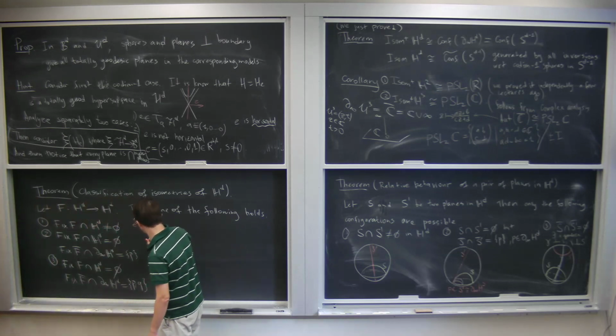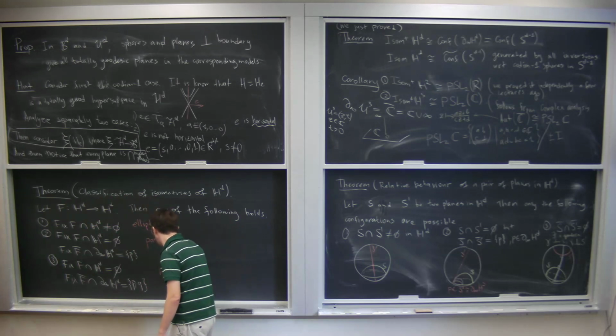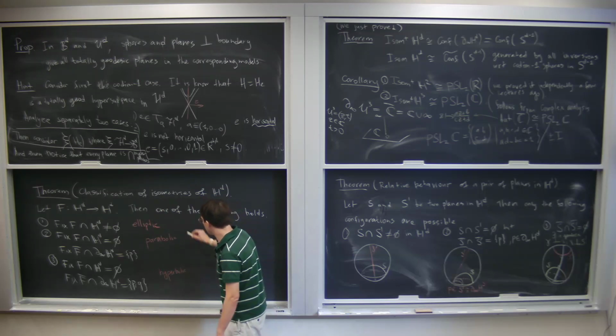These are called parabolic isometries, and these are called hyperbolic isometries. And the proof is actually very short.